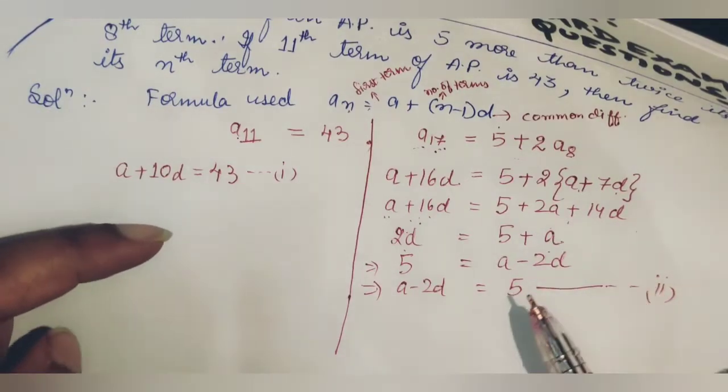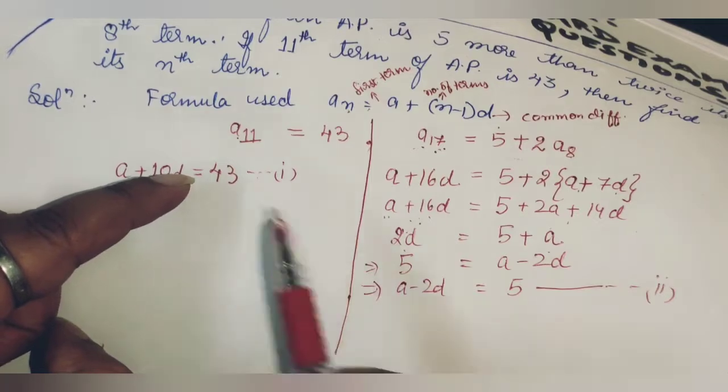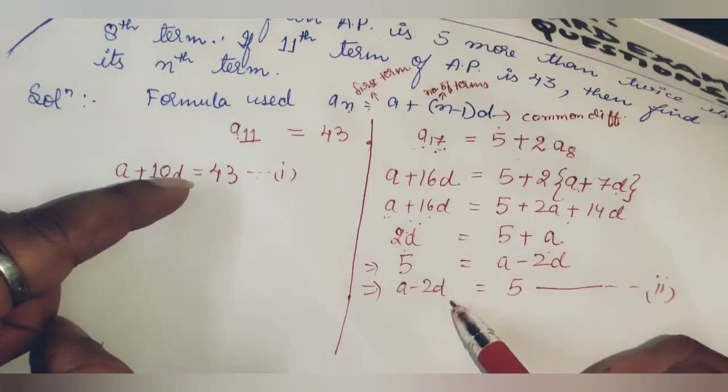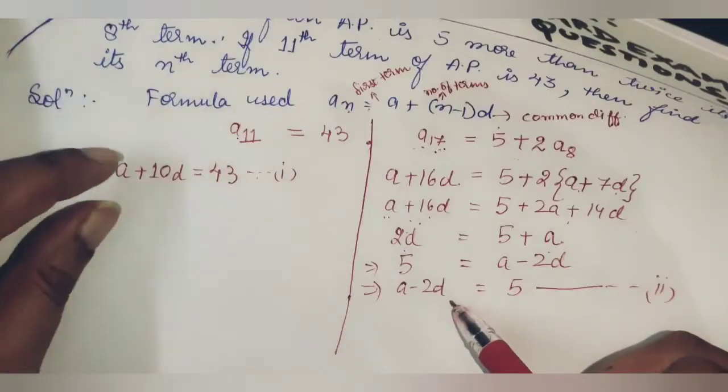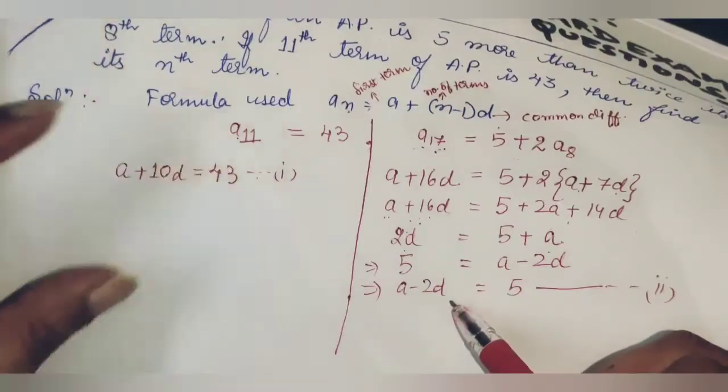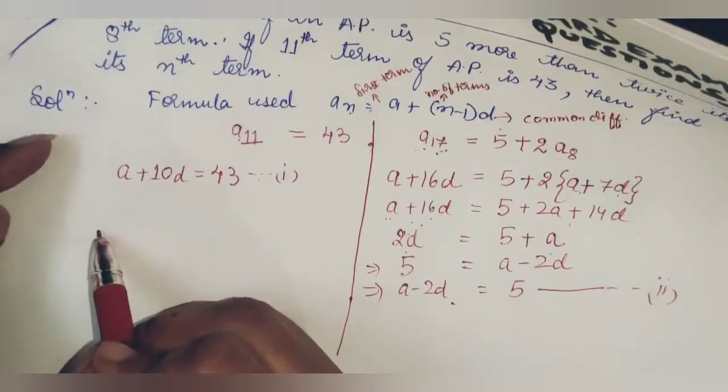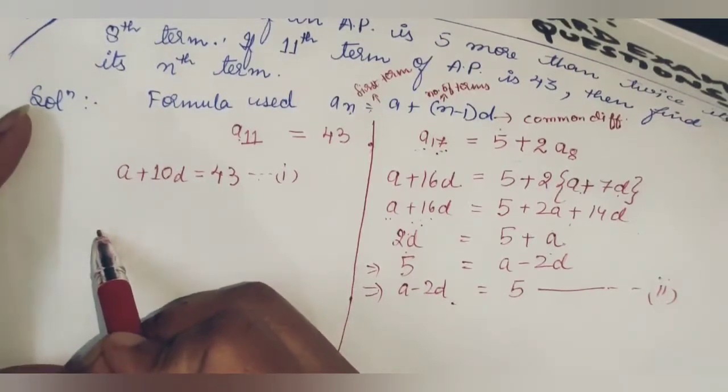Now you have to solve equation 1 and equation 2 simultaneously with the help of the elimination method, which you will study in the chapter linear equations in two variables, and from there you will get the value of a and d. So I am writing the equation here.